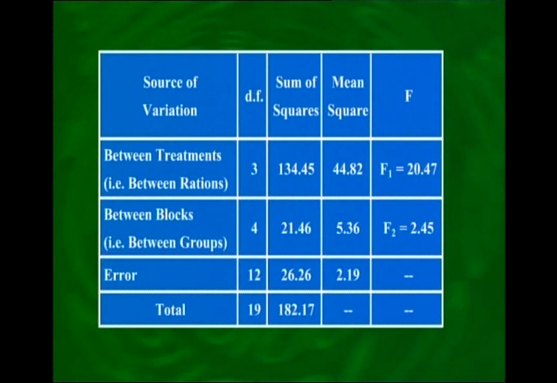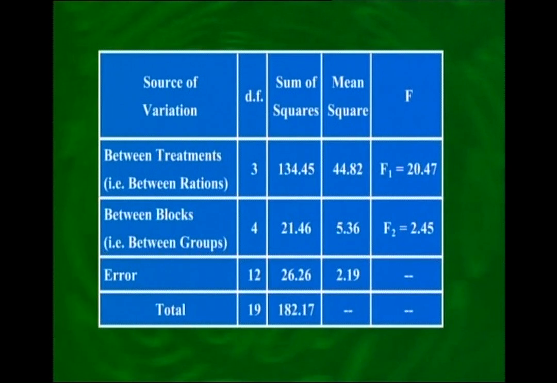But if you look at its rows, you will see that one row has been added. The first source of variation is between treatments, that is between the rations. The second is the variation between blocks, that is the variation between the various groups into which those animals have been divided.